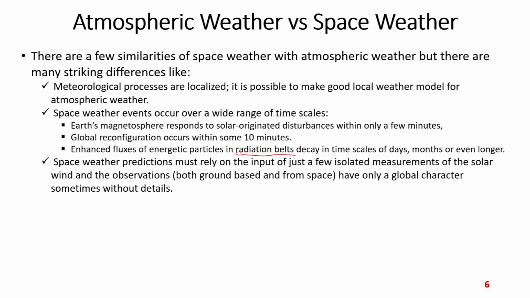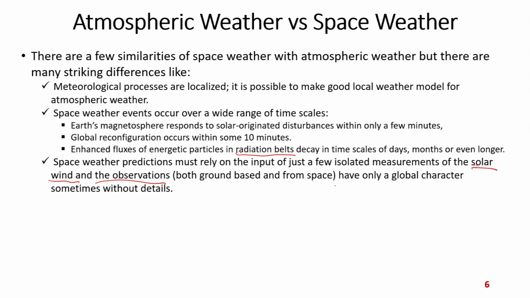It is important to know that the space weather predictions are based on the input from very limited measurements, like the solar wind. We will come to know what is solar wind and the observations. So, these are very much limited, and not available in a localized manner.